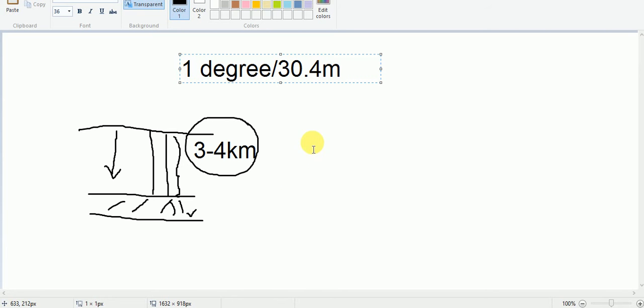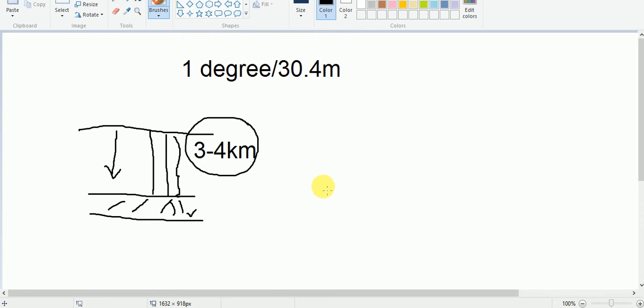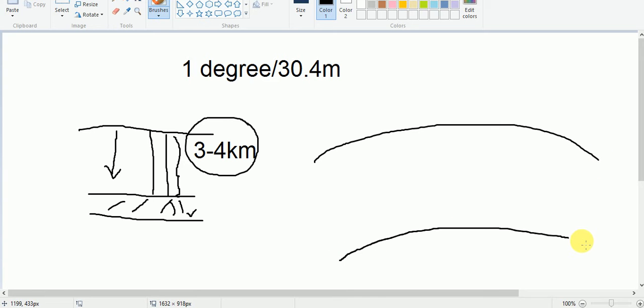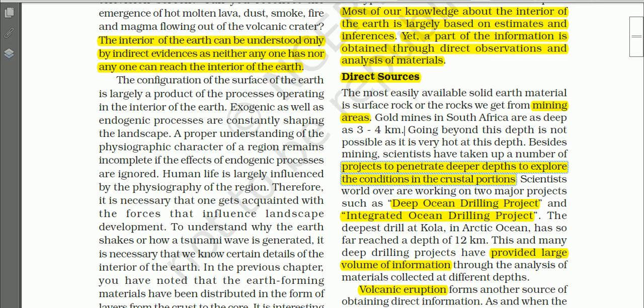Let us say this is the Earth, this is the Earth interior, and some scientists are drilling deep into it using drilling machines. They are making holes in the Earth interior and collecting information. So these are known as drilling projects.